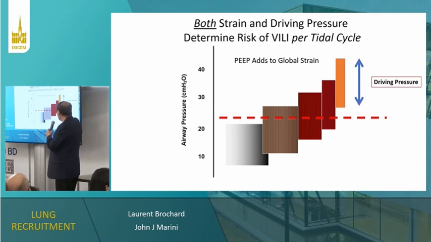We may have fewer lung units that are at maximal risk, but their risk is actually much higher than it was initially. So PEEP is not innocuous. It can cause gas exchange problems, it can cause mechanical problems.